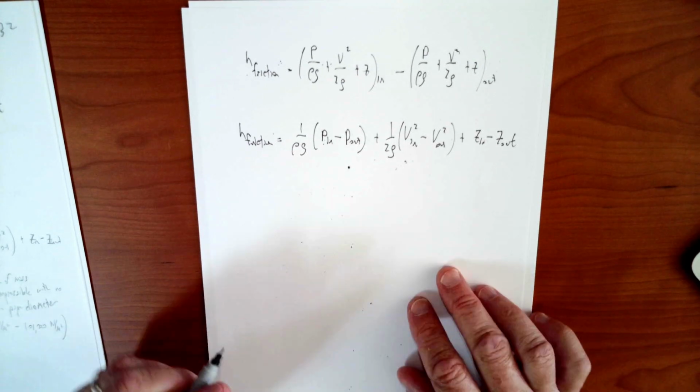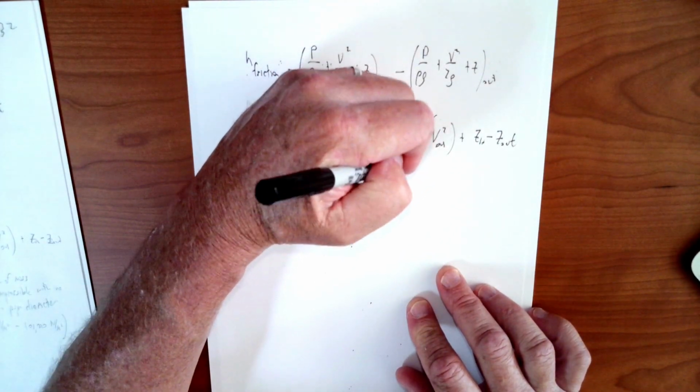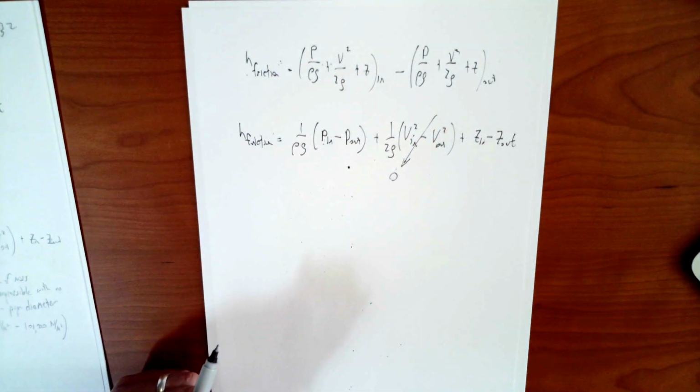You can think about this for a second. This velocity term is 0. I could find the velocity if I wanted to, but the velocity in and the velocity out are going to be the same. Why? It's conservation of mass: m dot equals rho A V. Rho isn't changing for the gasoline, since I'm treating it as an incompressible liquid.